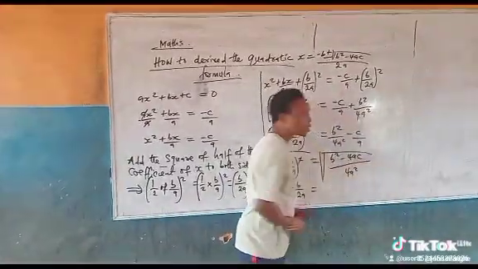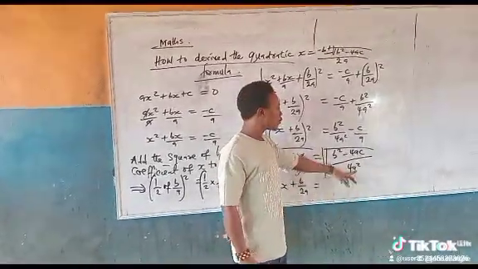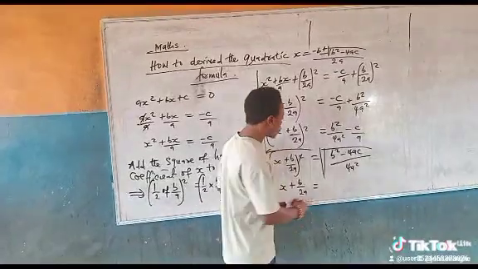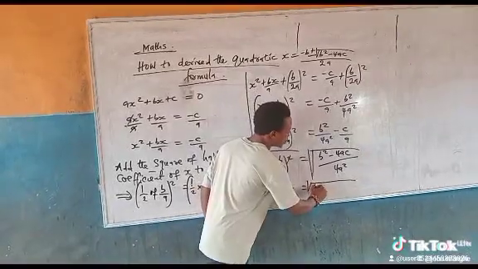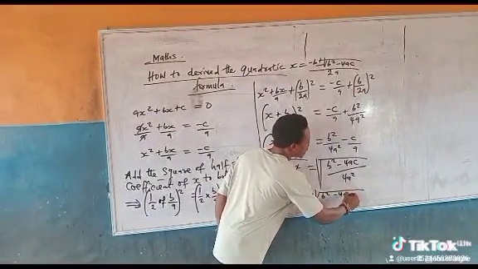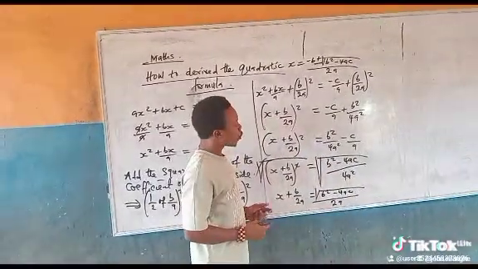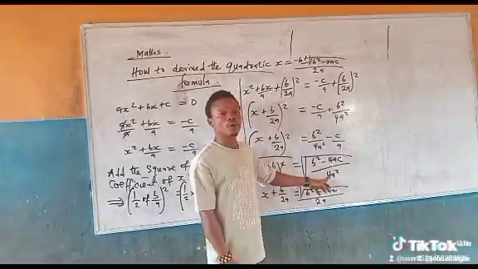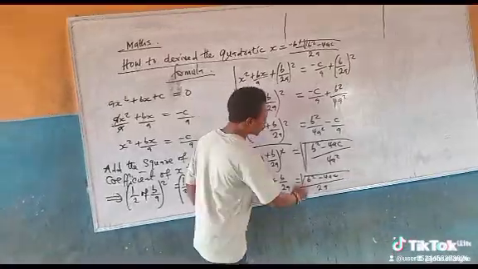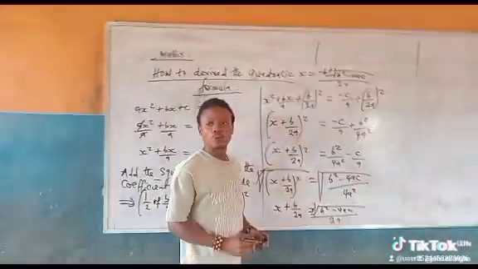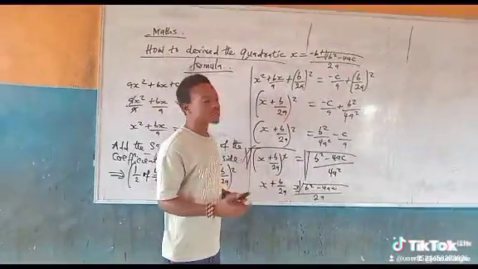But now the square root of 4 is 2 and that of a squared is a. So we're going to have the square root of b squared minus 4ac all over 2a. How do we come about our 2a? The square root of 4 is 2, and that of a squared is a. So you put plus or minus, because in the quadratic equation we normally have two answers, positive and negative.